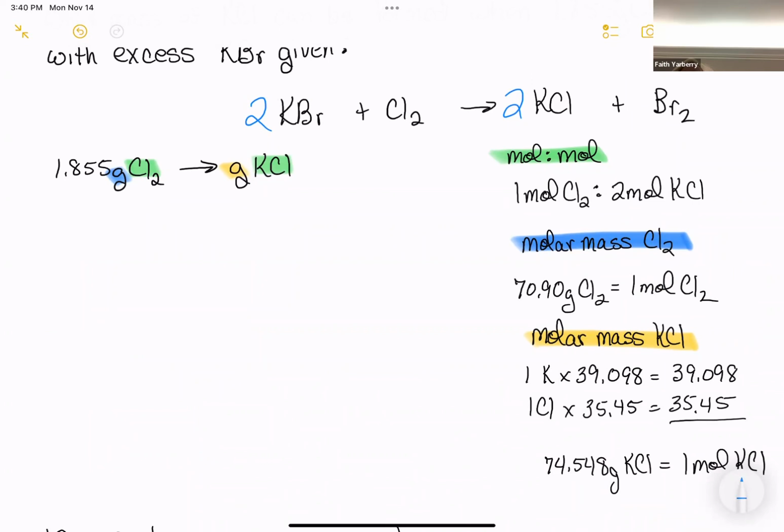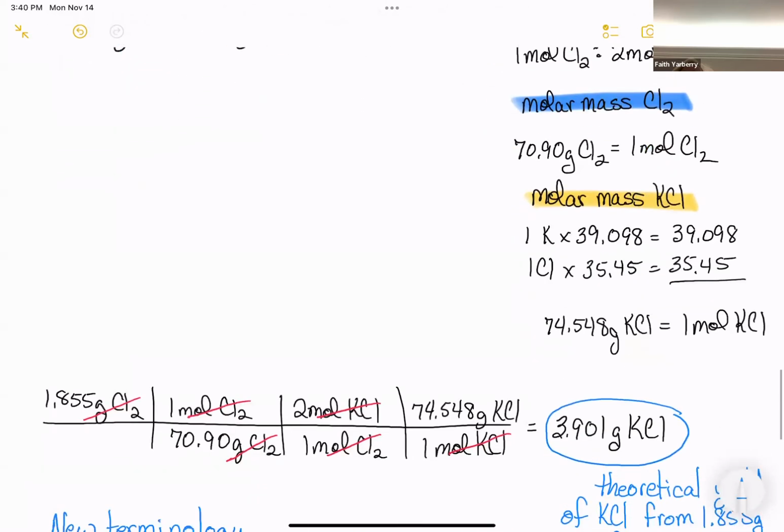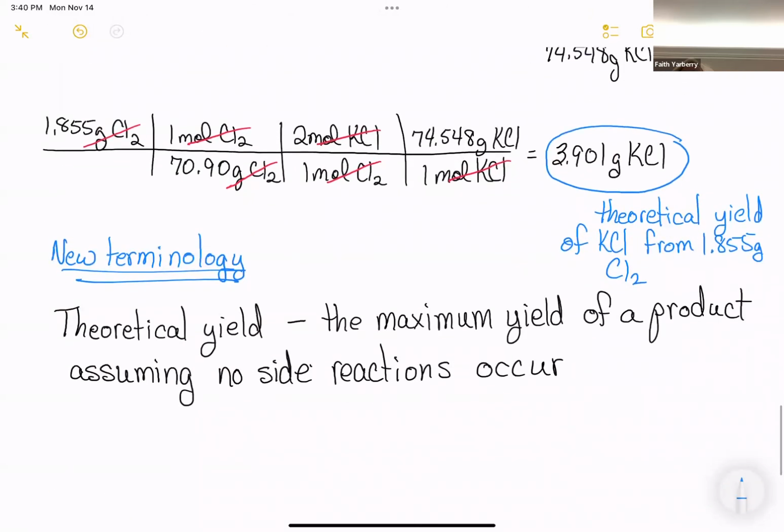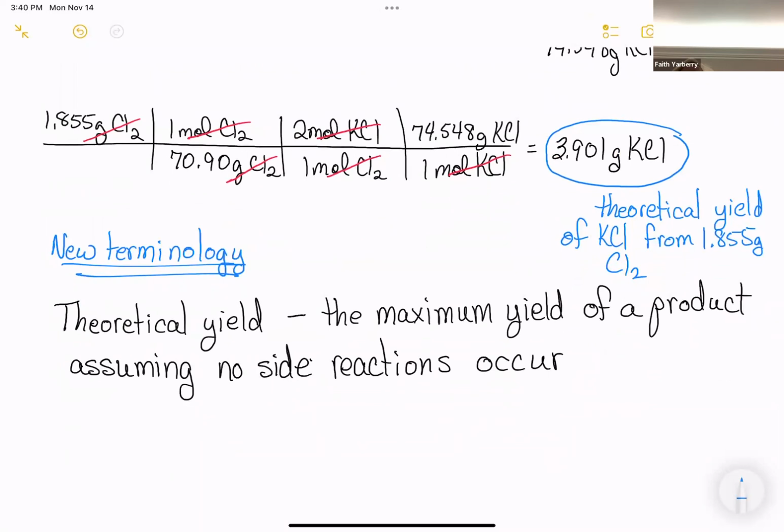Now, we actually never achieve perfection in a chemistry laboratory. There are a number of things that can go on that would keep us from achieving perfection in a chemistry laboratory. So it is next to impossible to get the theoretical yield. It's virtually impossible.